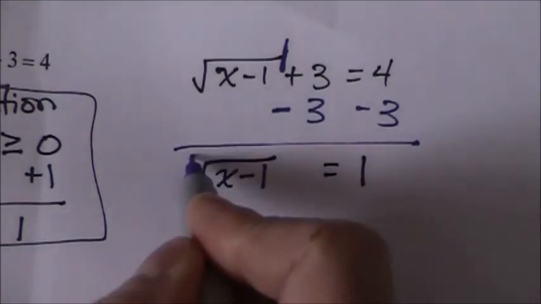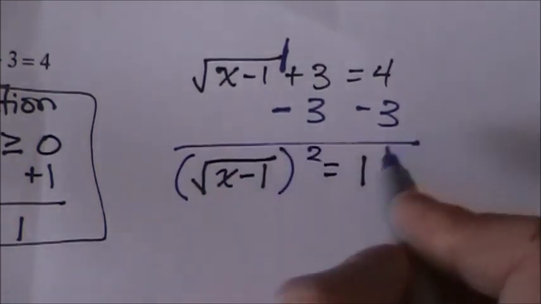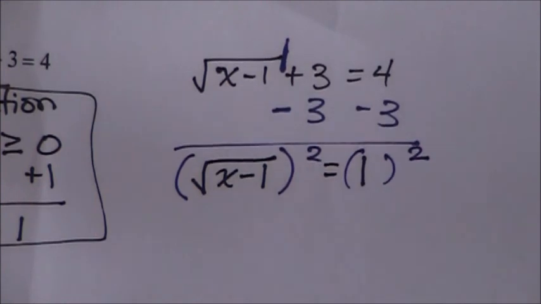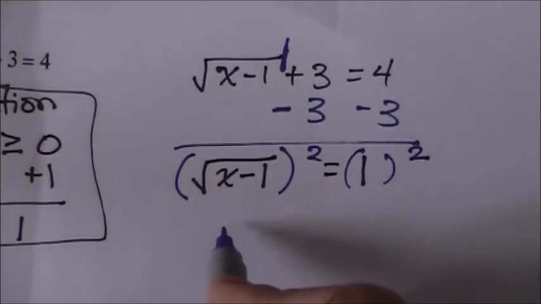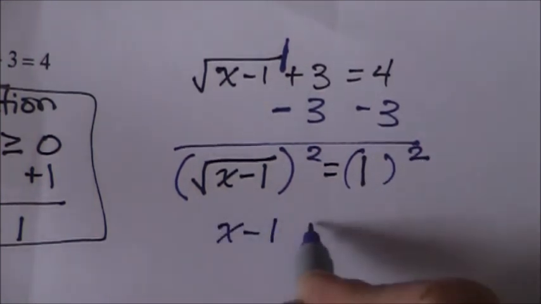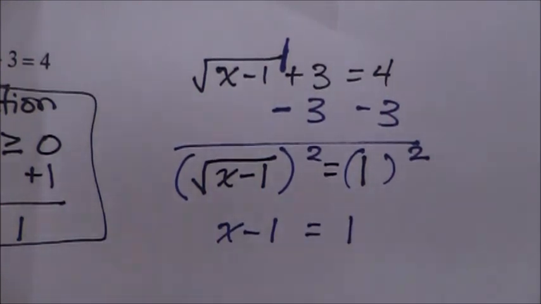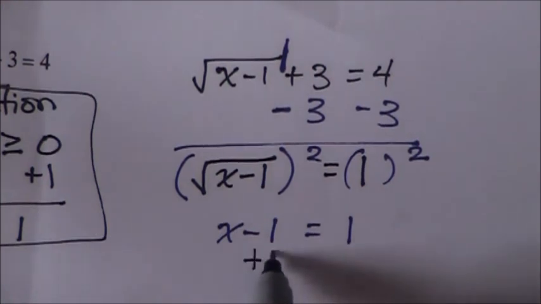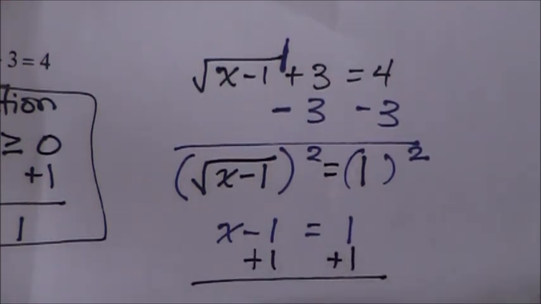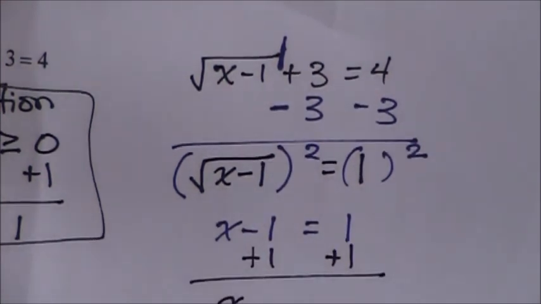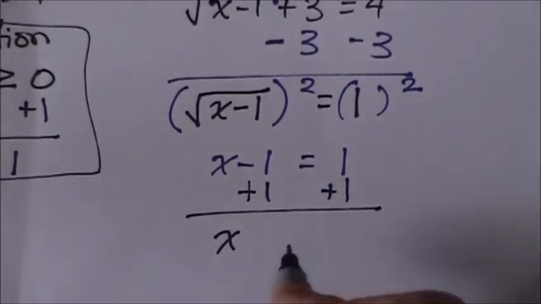So now we can square both sides to get rid of it. And when we do that, we get x minus 1 is equal to 1. Adding 1 to both sides, to move the 1 to the other side, we get x is equal to 2.